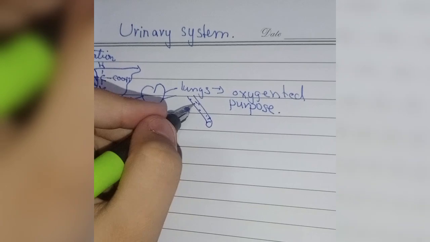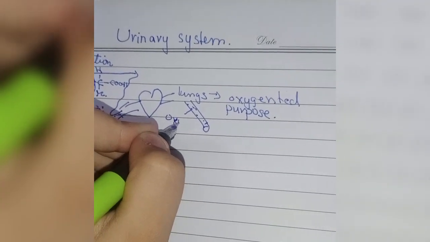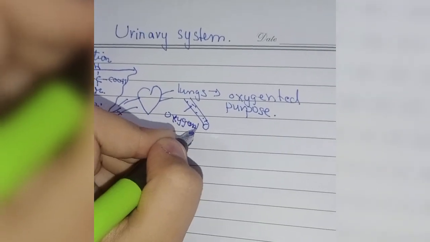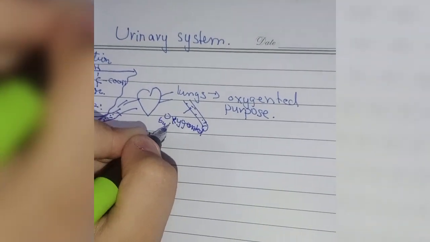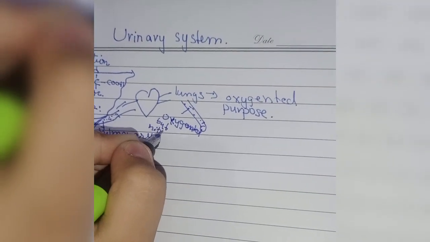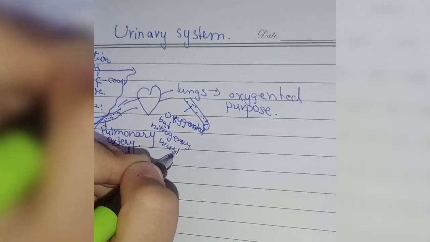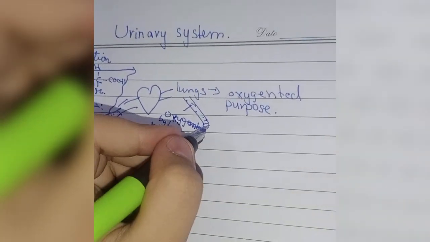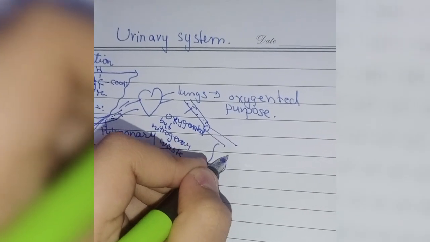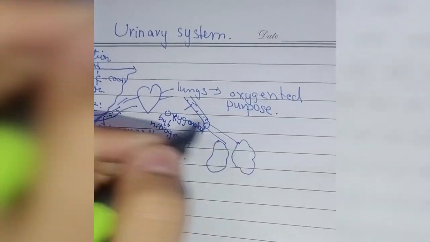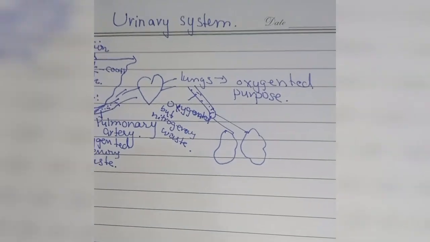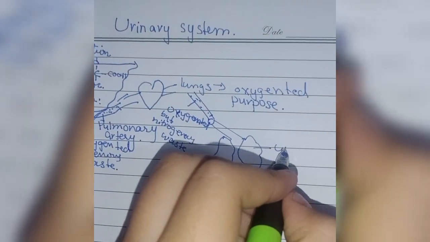In the lungs it was oxygenated, but nitrogenous waste was still present. Okay, so it was going to the kidney. We have two kidneys. In the kidney we know urine was formed.